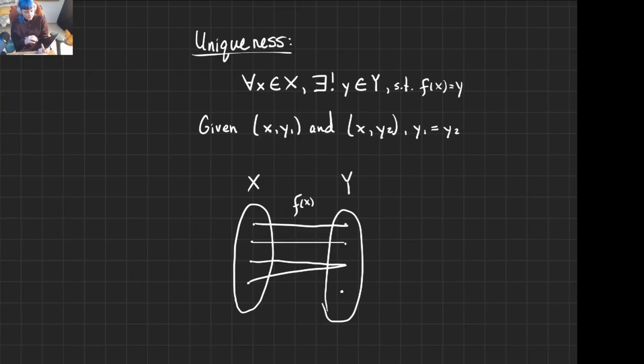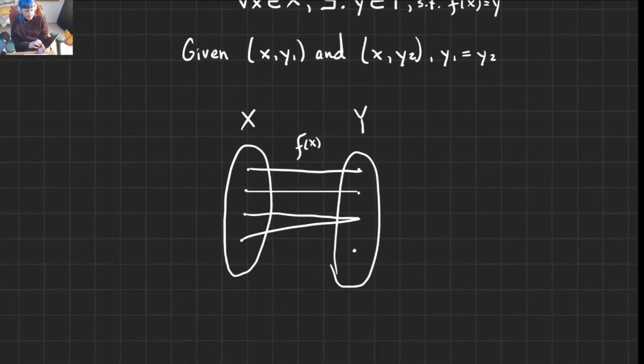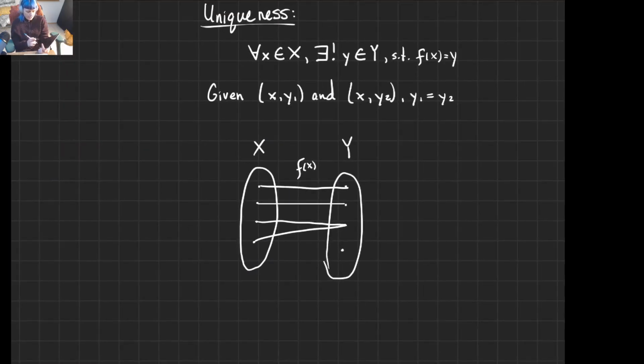So what we're looking at, we said that this function is already satisfying the existence property. So for this function to satisfy the uniqueness property, we don't have to change anything here because we can already see that this x value here goes to this y value here. That's fine, that's fine, that's fine.